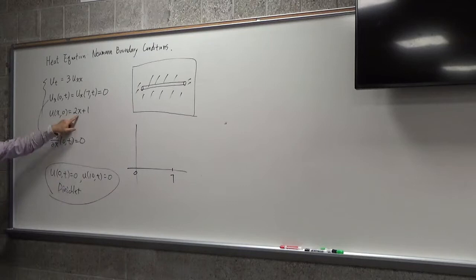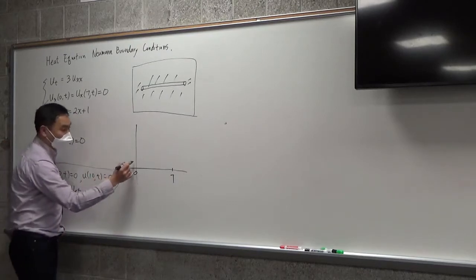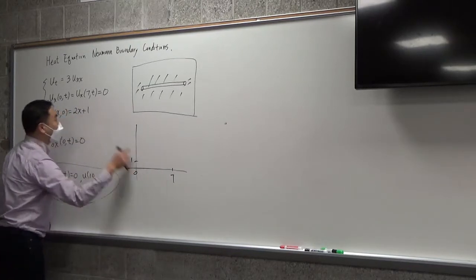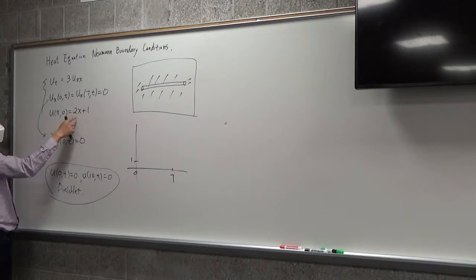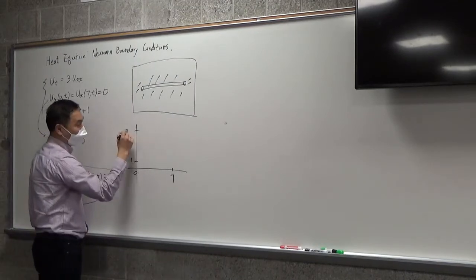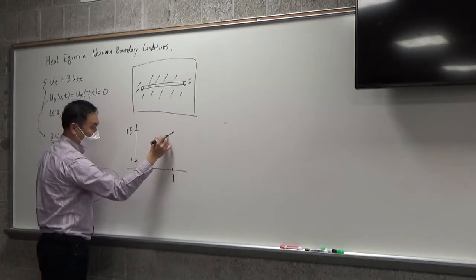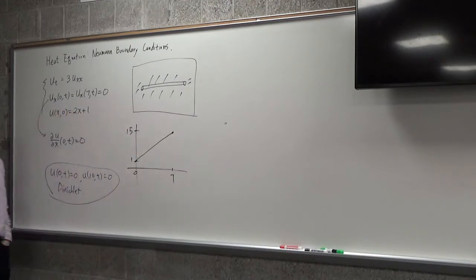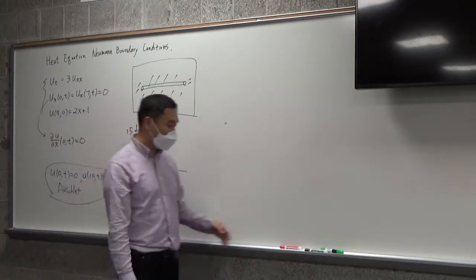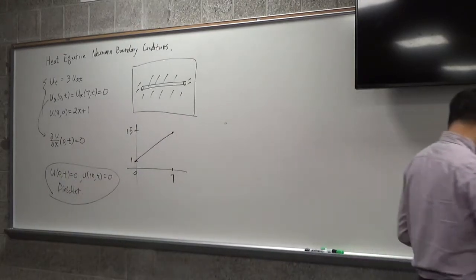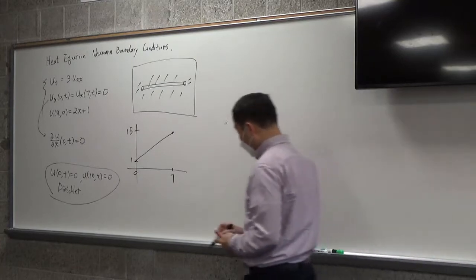When you plug in 0 to this, you get 1. And when you plug in 7 here, 7 times 2 is 14, 14 plus 1, that's 15. So you end up with a straight line connecting the two. Now you have to think about what will happen as time goes on.